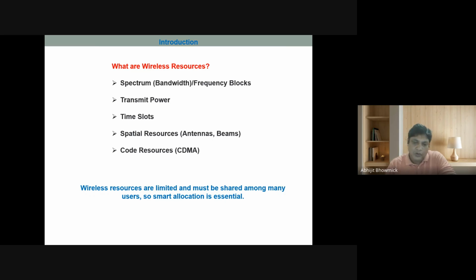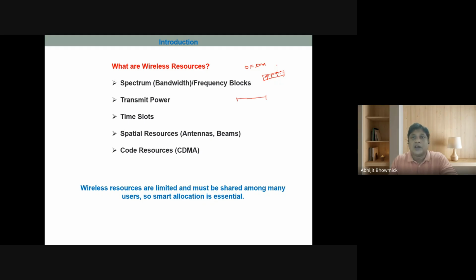When I'm talking about frequency blocks, that means the total available band, basically the channel bandwidth, is dedicated not only for a single transmission, maybe a frequency block transmission. For example, in 4G the modulation technique is OFDM, where each frame contains multiple subcarriers, and each subcarrier contains some bandwidth.